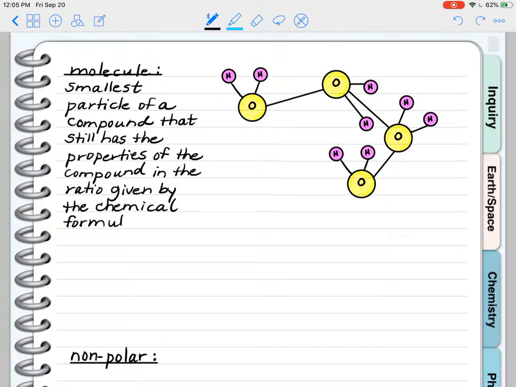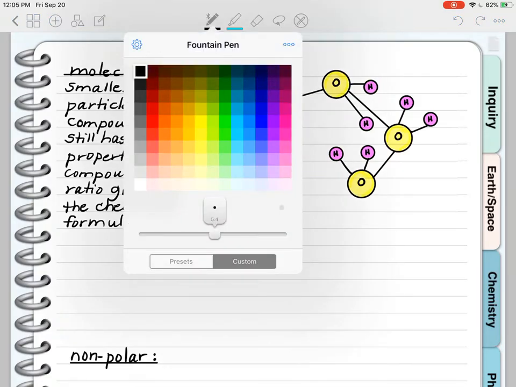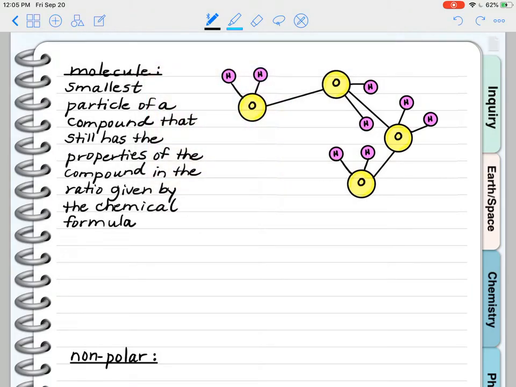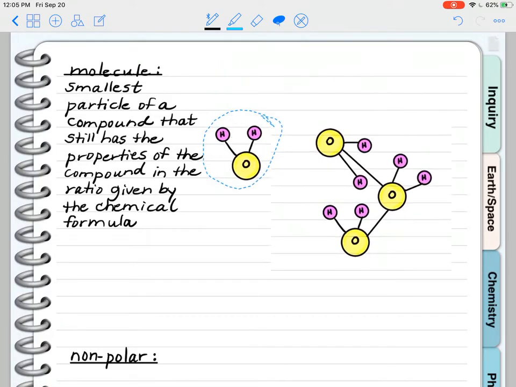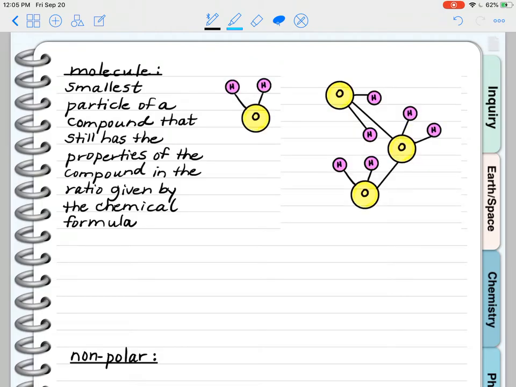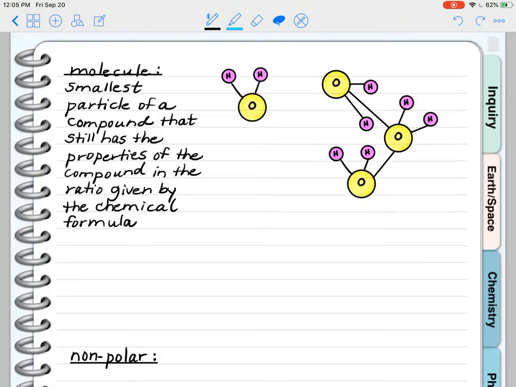So here's what's going to happen. I went too far. I'm going to remove the bond. I'm going to break the bond off. So this fella is a free-floating molecule. He's by himself over here.